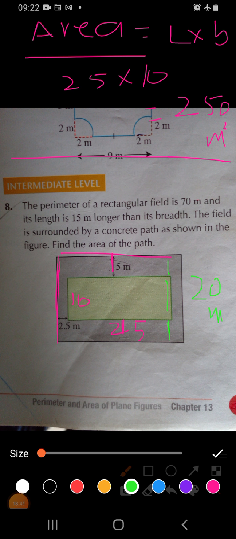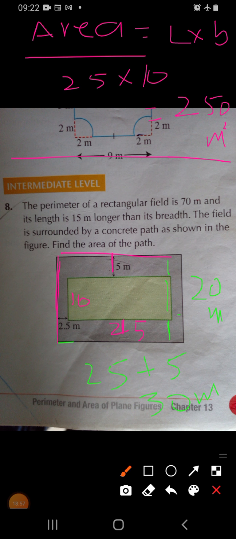Fine. And here they have given 2.5 and 2.5 on that side as well. So 25 plus 2.5 plus 2.5 is 5, so they are going to give us 30 meter. 30 meter is the length and 20 meter is the breadth. Clear? So we have now found the values.